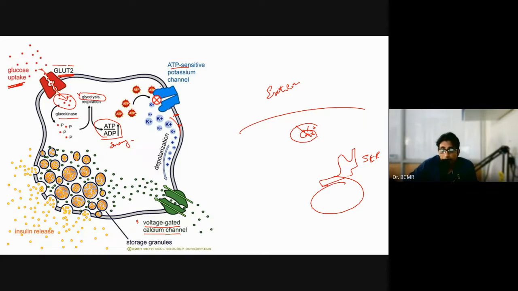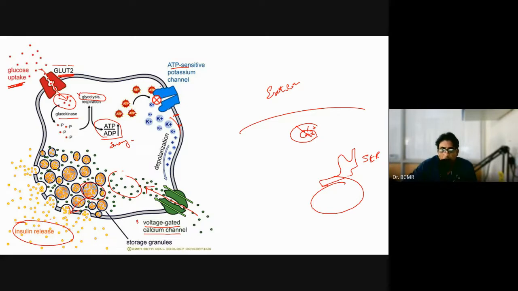But upon stimulation, the voltage gated calcium channel opens up and extracellular calcium ions flow in. And these calcium ions will allow the vesicles containing insulin to fuse with the membrane, releasing the insulin out. I hope you understood the sensing mechanism that beta cells have.